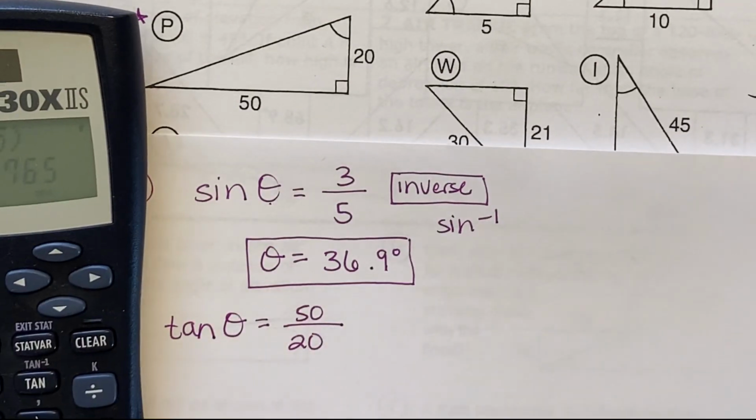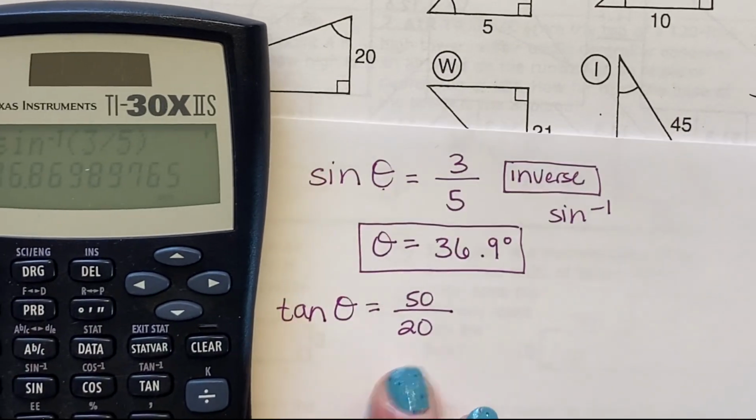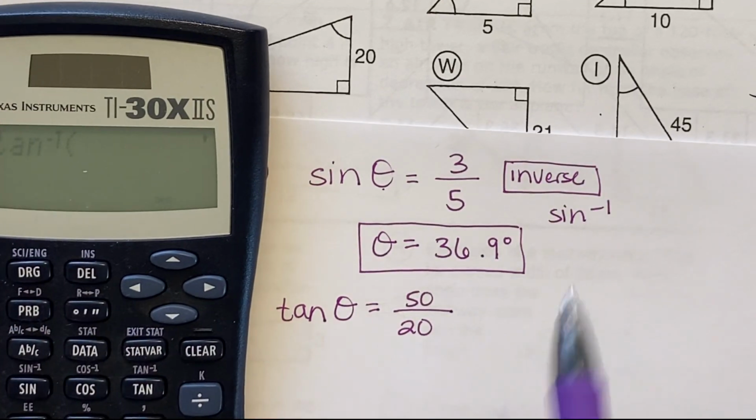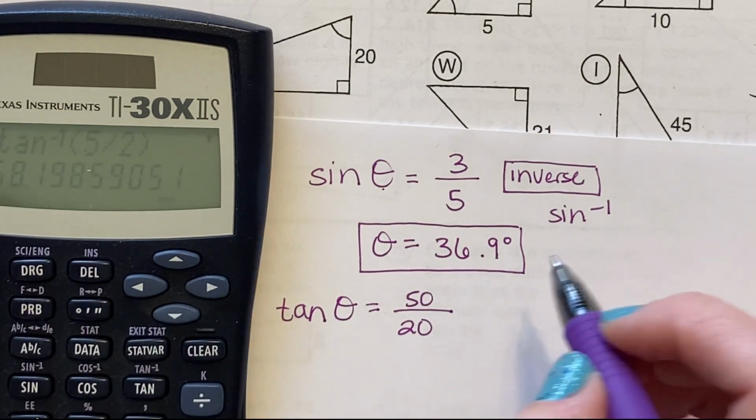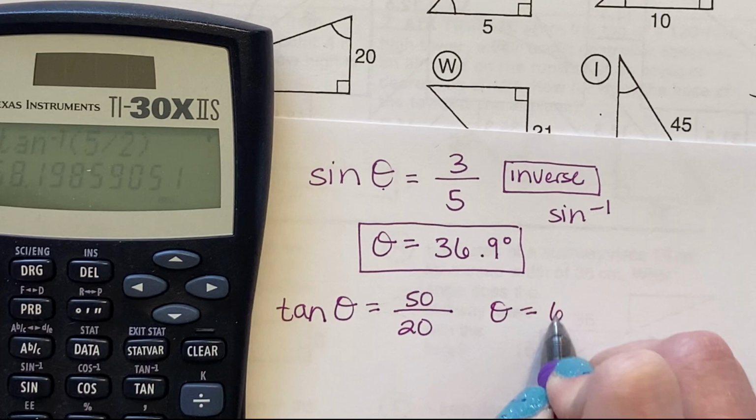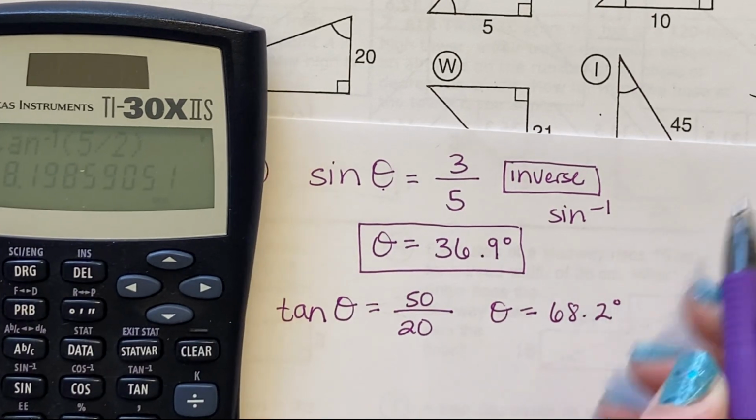So here's where I'm going to use my inverse tangent. I could do 50 over 20, or I could simplify and do 5 over 2. Doesn't really matter. And I'm going to get theta is 68.2 degrees.